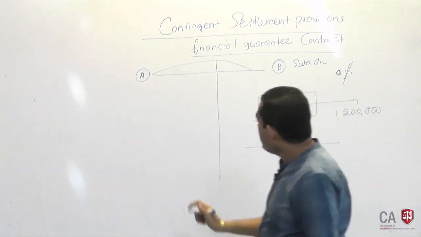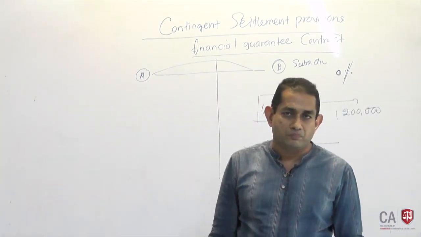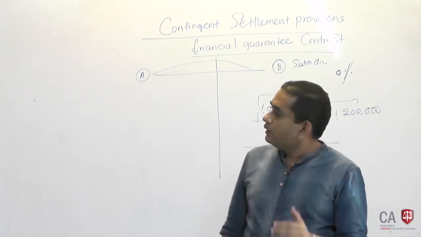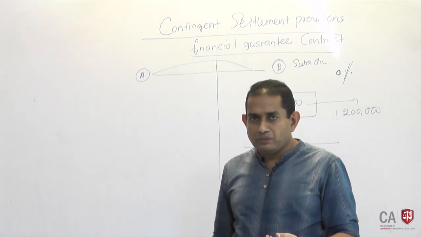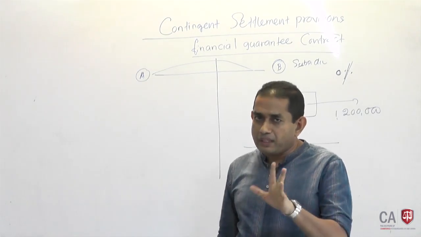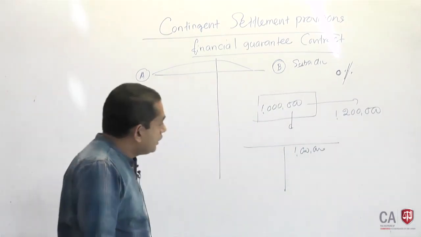So then, if the loan value is 1 million rupees, Company A has given a kind of assurance, and you will wonder whether SLFRS 4 also applies, that is a different matter, do not get confused right now.